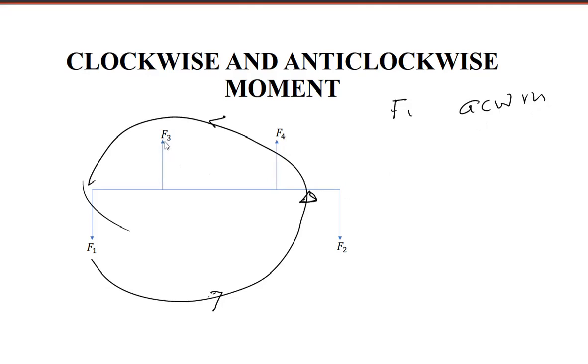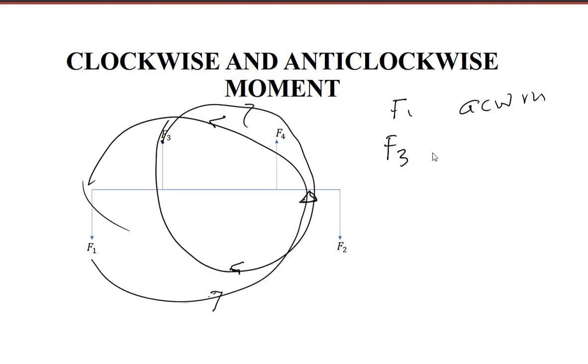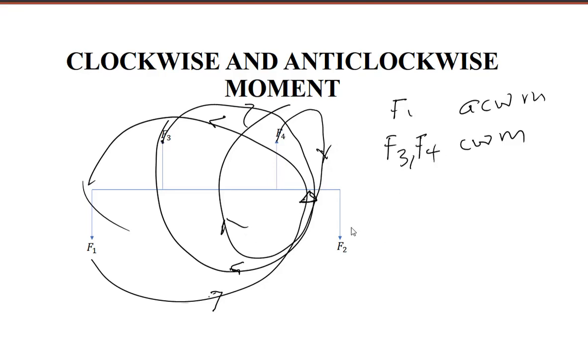Now, F3 moves like this. F3 is clockwise movement. Now, F4 moves like this. Again, that is what? Clockwise movement. F4 is clockwise movement. Now, F2 will move like this.